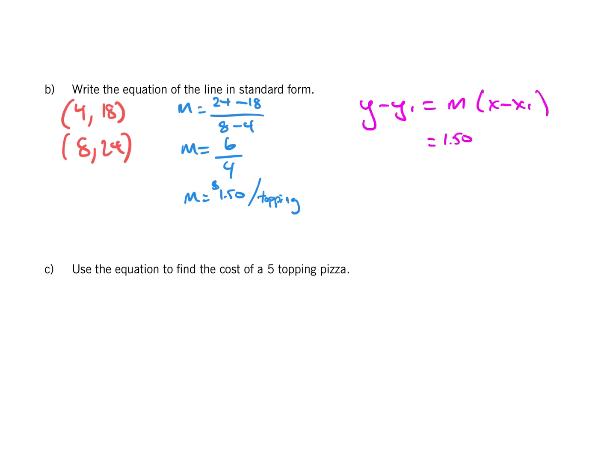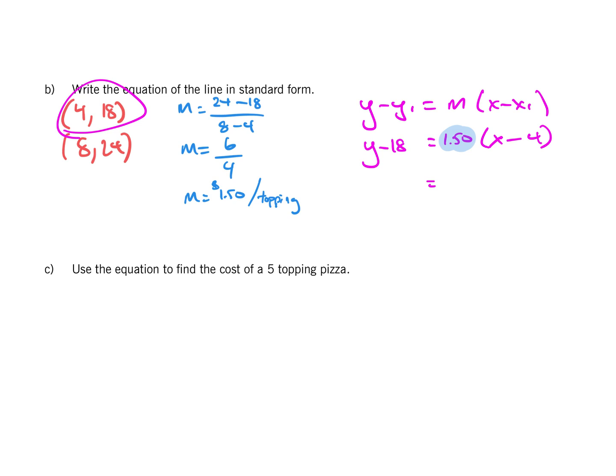Your y1, let's use this point over here, y minus 18, bracket, over here on the right side, x minus 4. Now, the problem is that 1.50 is not an integer.